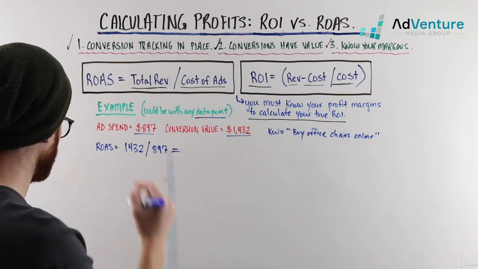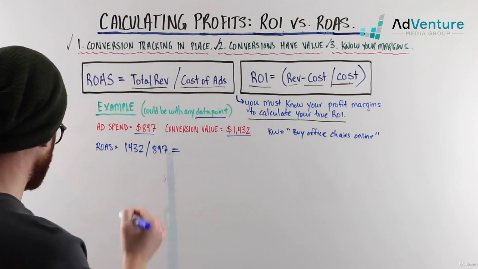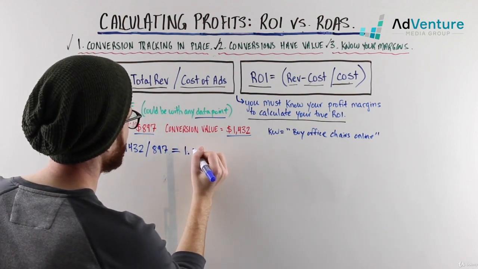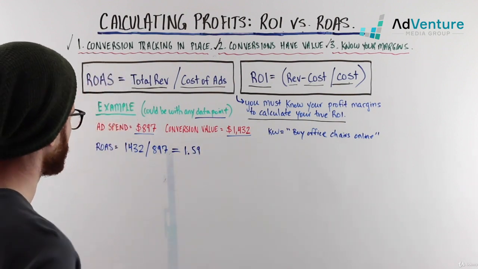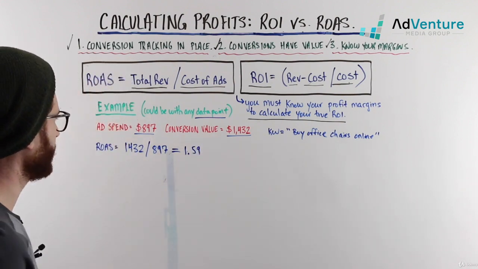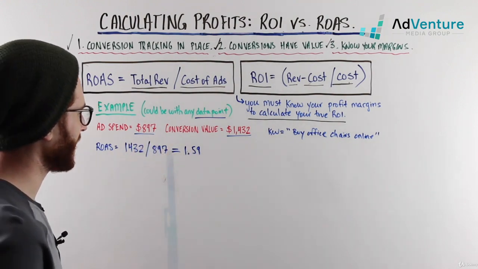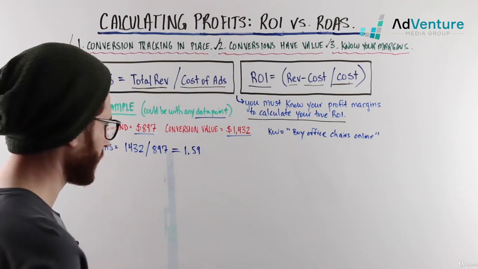And if you open up your calculator and take a look at what that is, the answer is 1.59. If you don't believe me, check it for yourself, but I'm pretty sure this is right. So return on ad spend, we take 1432 divided by 897, that equals 1.59. But what does that number 1.59 really mean? Well, let me tell you.